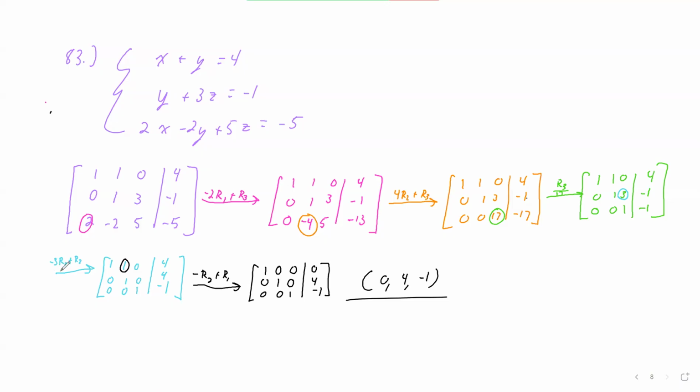So -3 times -1 is 3. Oh, there it is. And this is where I thought I made a mistake the first time. All right, so -3 times -1 is 3 plus -1 is 2. 2 is the answer here.